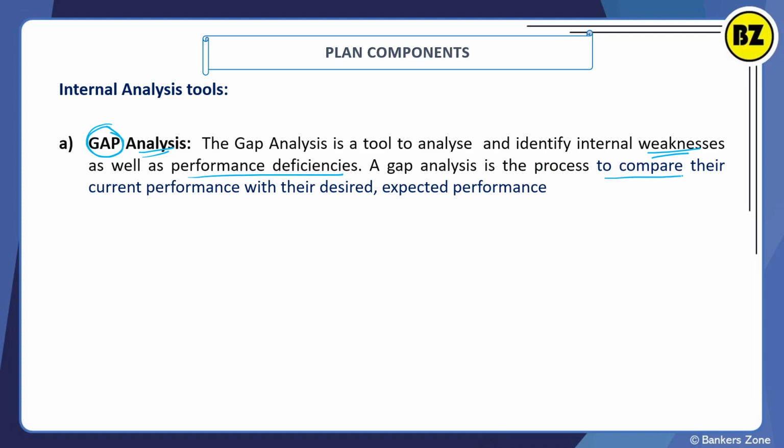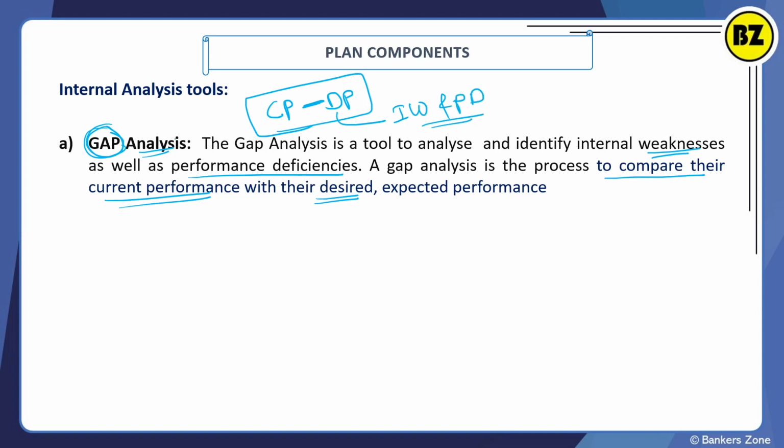It is the process of comparing the current performance with the desired performance. This is the gap between the current performance and the desired performance, and you establish it using the internal weaknesses and performance deficiency. This is the gap analysis.